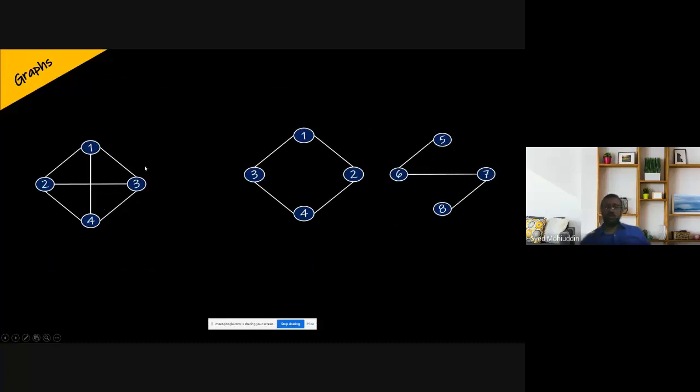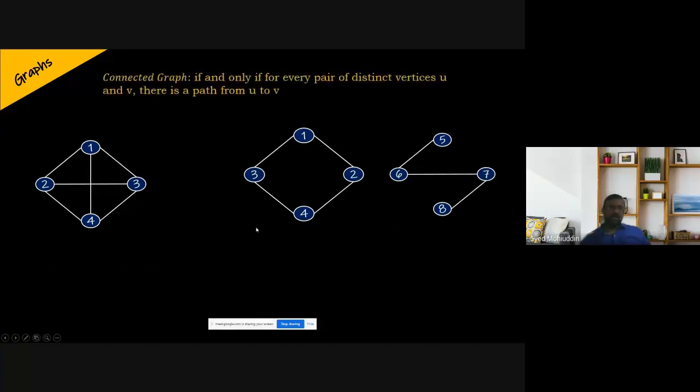Now, let us look at another term, connected graph. A graph is connected if and only if for every pair of distinct vertices, remember, distinct means different u and different v, there is a path from u to v.